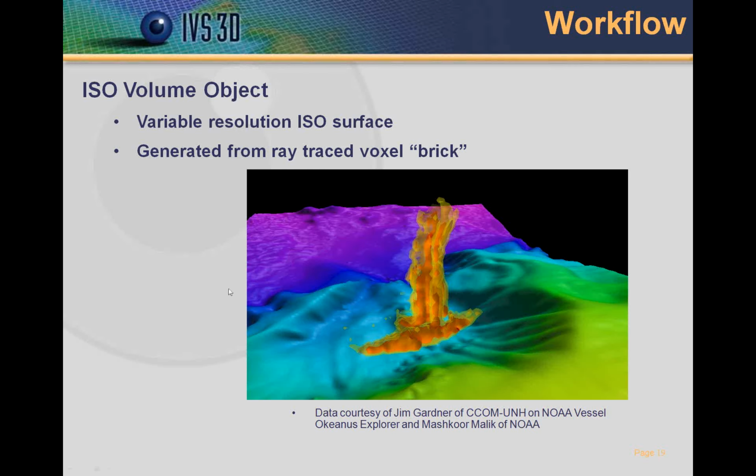And this is data that was kindly given us by Jim Gardner and Mashkoor Malik of the 1,400-meter plume that was discovered, I believe it was off the Mendocino Ridge, a formerly unknown deep water plume. And this was an early prototype of FMMidwater that was being used to get this data.